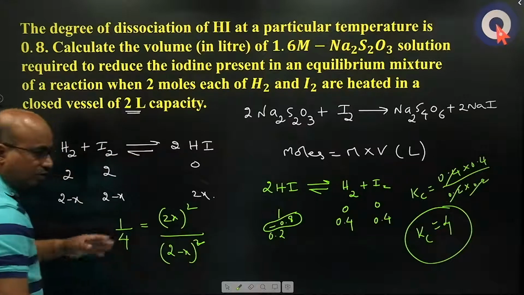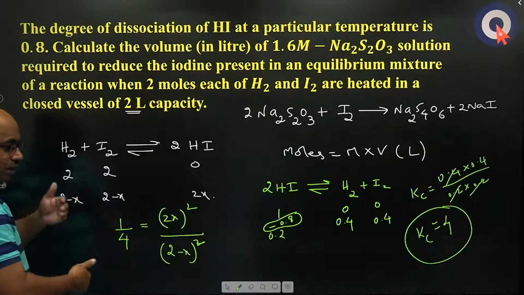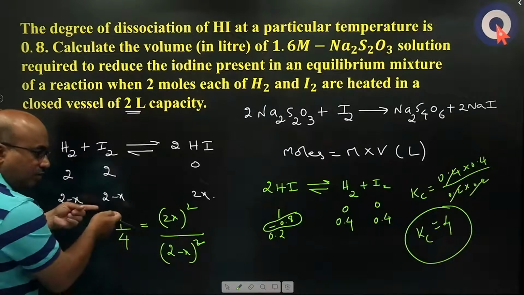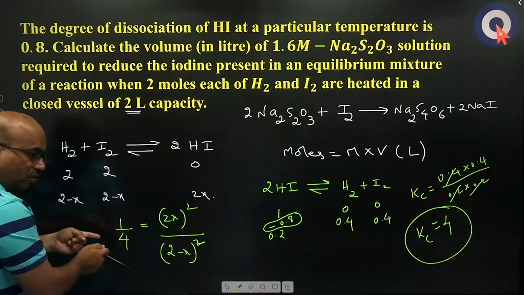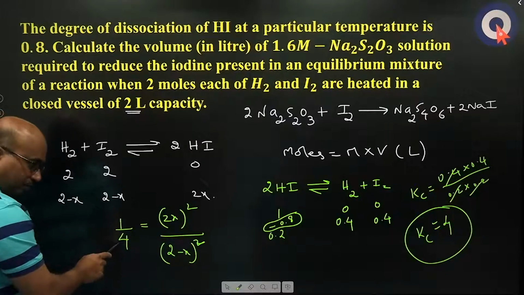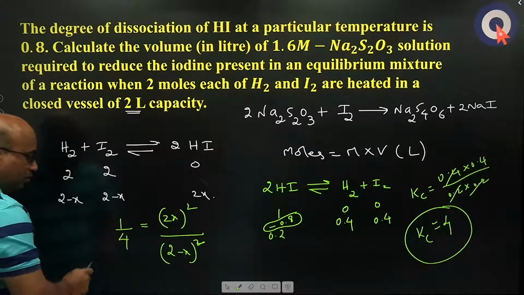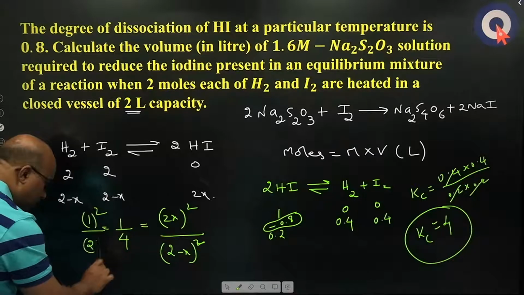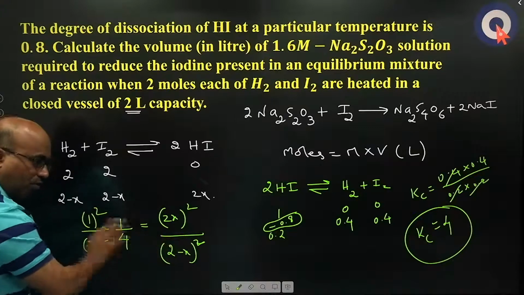In such situations, don't try to calculate by squaring things, because it is the square of a particular value, here (1 by 2) whole square. So it's 1 square by 2 square, nothing but 1 by 4. If you write this as 1 square by 2 square, you take the square root on both sides.